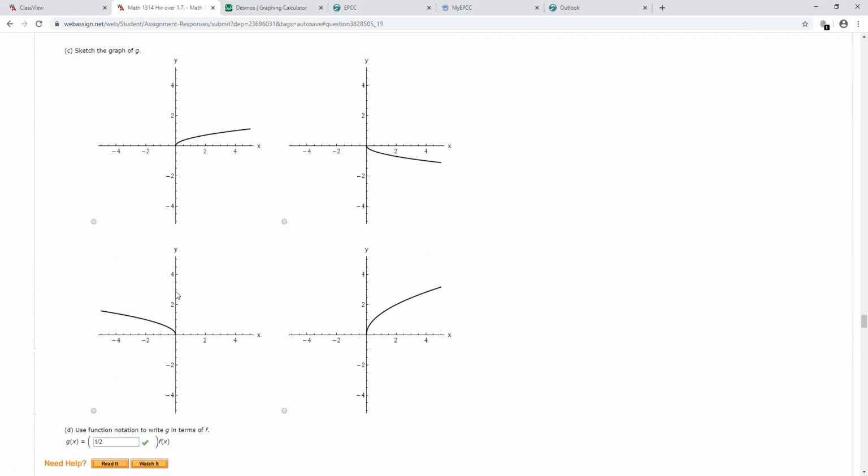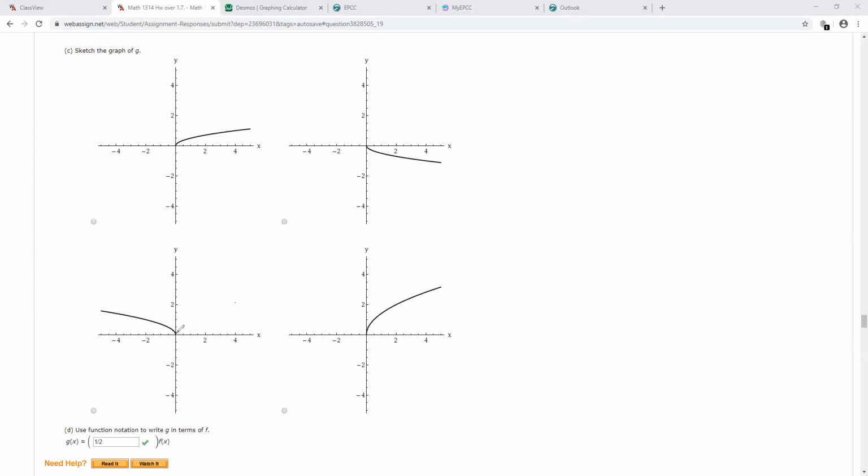So it can't be this. By the way, what would this be right here, do you think? Here's the original one, because we're about to talk about them. What am I doing here? Here's the original square root function, over 1, up 1, over 4, up 2.